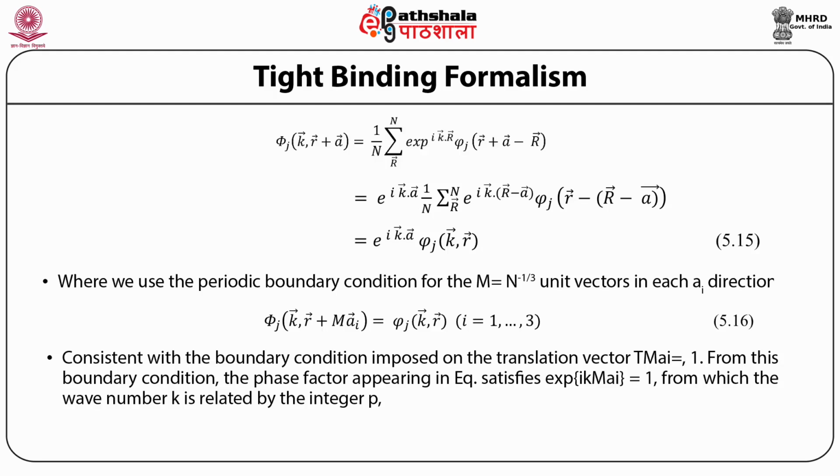From this boundary condition, the phase factor appearing in the equation satisfies exponential iota k m ai equal to 1, from which the wave number k is related by the integer p by the formula k is equal to 2 p pi divided by m multiplied by ai vector, where p is equal to 0, 1 till m minus 1 and i is equal to 1 to 3.